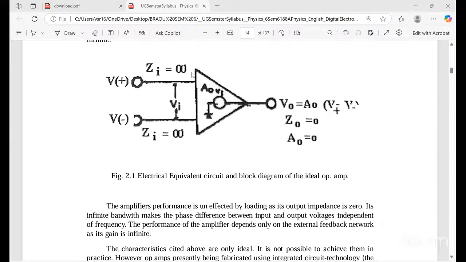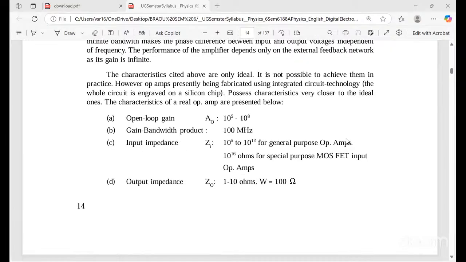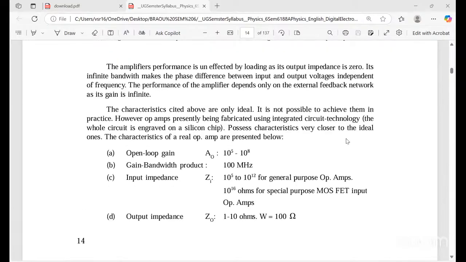Input impedance Zi is infinity, Z naught is 0, and A naught is infinity also.